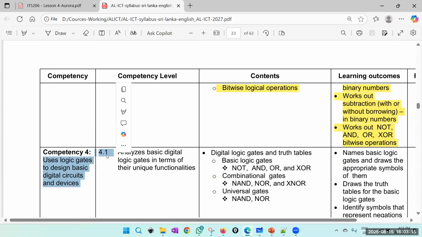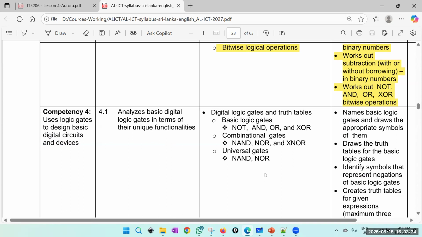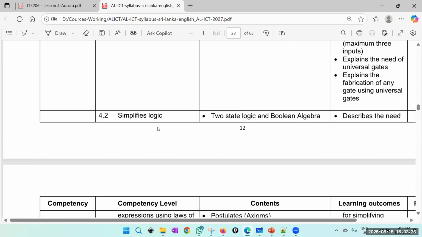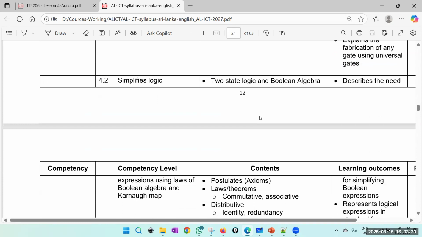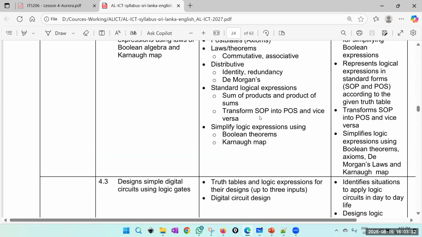Topic number 4: analyze basic digital logic gates in terms of their unique fundamentals. So we are going to look at some logic gates and so on. Then simplify logic using Boolean algebraic rules. There are about 20 odd rules there.